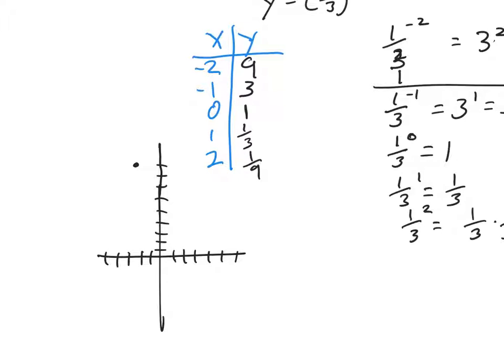Okay, and then we had -1 for x and 3 for y. Then I had 0 and 1. I had 1 and 1/3. Okay, so it's going like this.